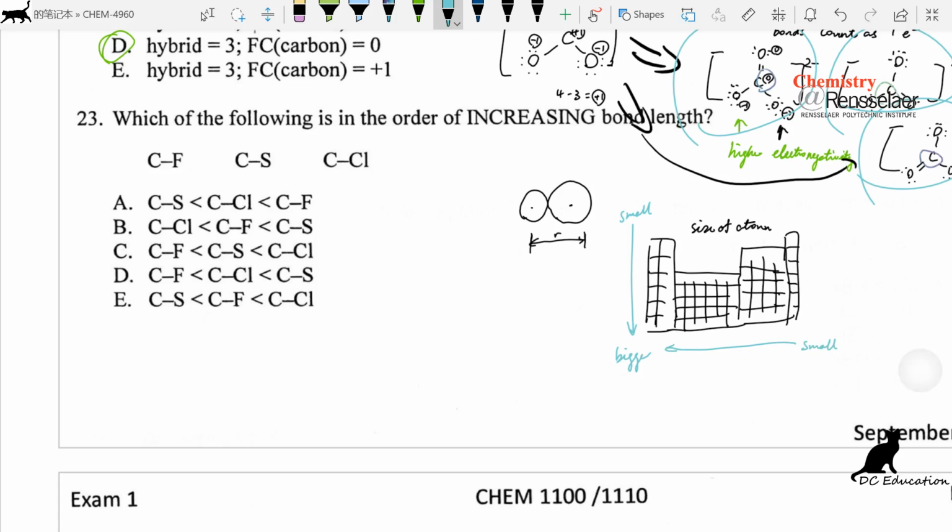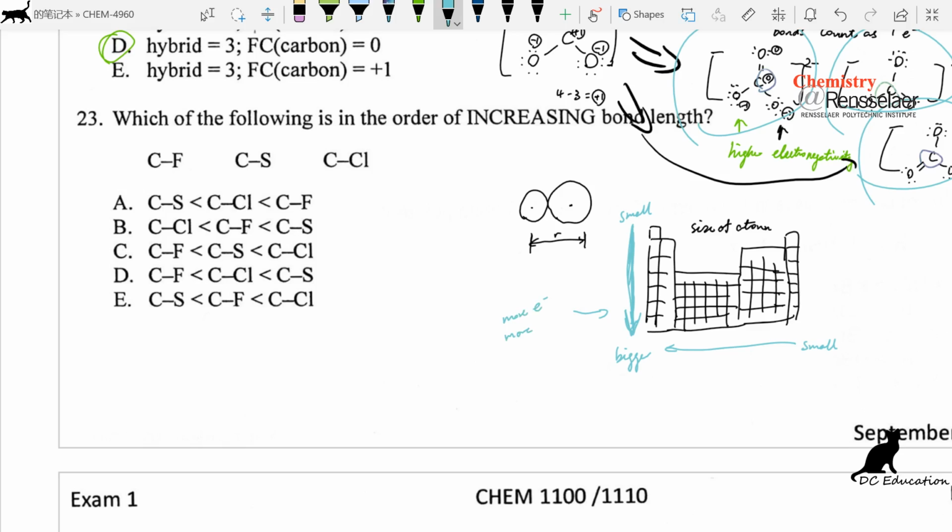I'm missing hydrogen over here. The reason why it's in this arrangement is because the atoms on the lower side of the periodic table have more electrons and more protons and everything.